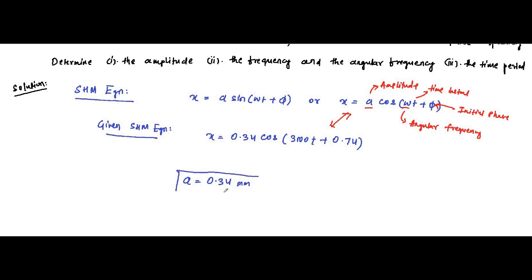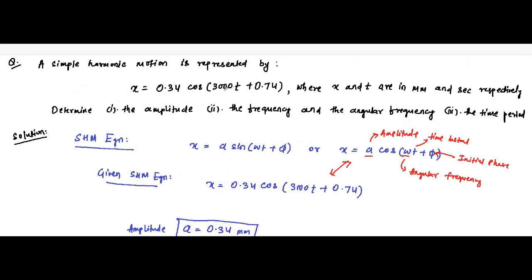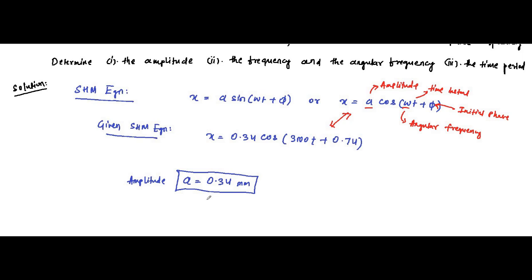That is the amplitude. Then we have 3000 t, which if we compare, is omega, the angular frequency, that is 3000 radians per second.